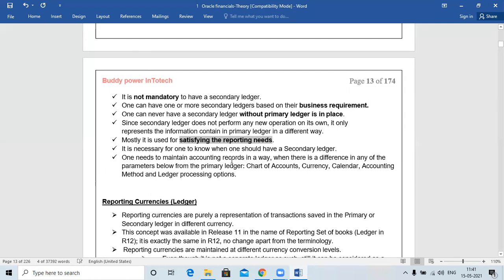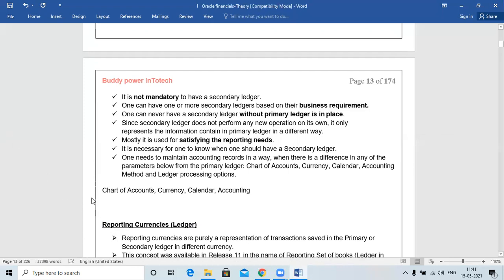For example, I have my head office in India. I have chart of accounts 1, currency of INR, a calendar of April to March, and the accrual method of accounting.